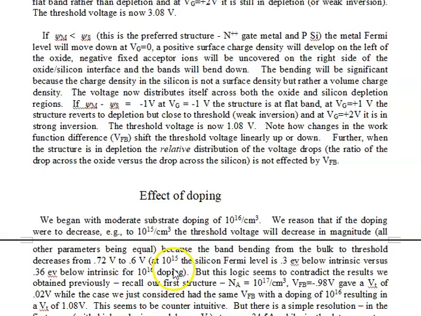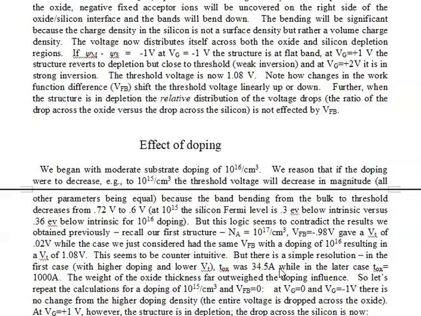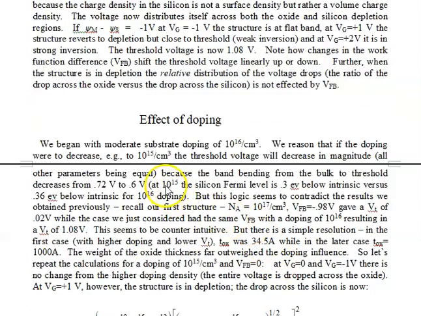So it makes sense that with a lower doping density, we should get a smaller threshold voltage. Okay, and we're going to see, of course, at 10 to the 15th, the Fermi level is 0.3 eV below intrinsic versus 0.36 for 10 to the 16th, and as we've seen, 0.42 for 10 to the 17th. Each decade is 60 millivolts.